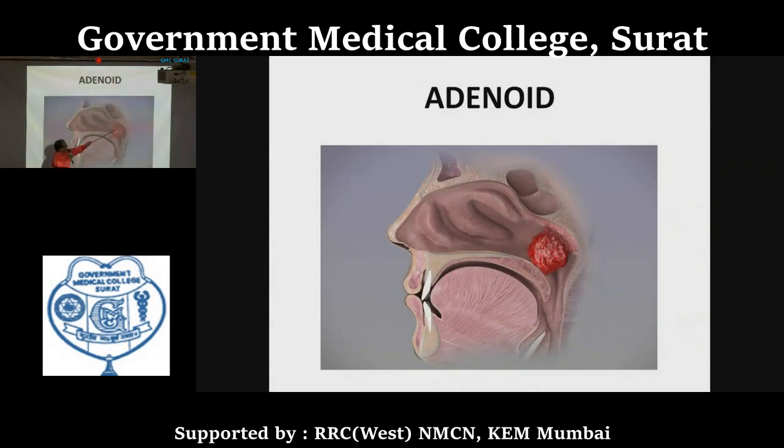Here in this figure you can see that it is going to obstruct the air passage. So when this hypertrophied nasopharyngeal tonsil starts producing symptoms because of the obstruction of the air passage, that is known as adenoid. And this adenoid has different clinical features over the face. These features I am not going to discuss, you will study them in ENT.